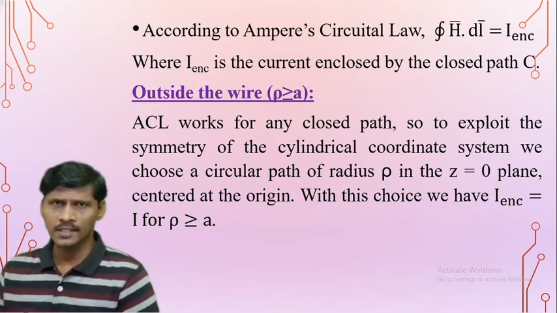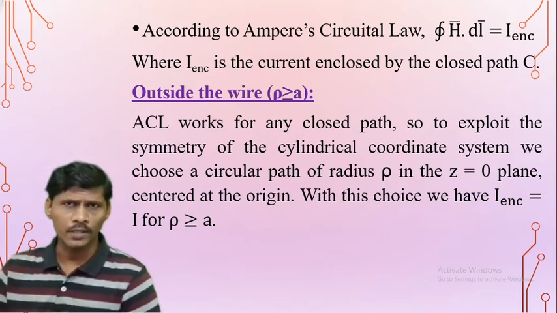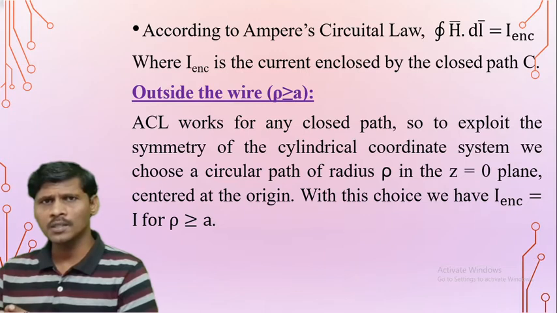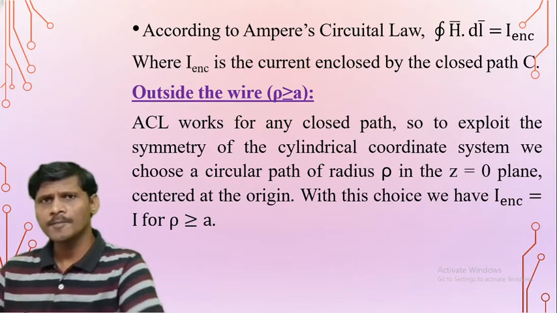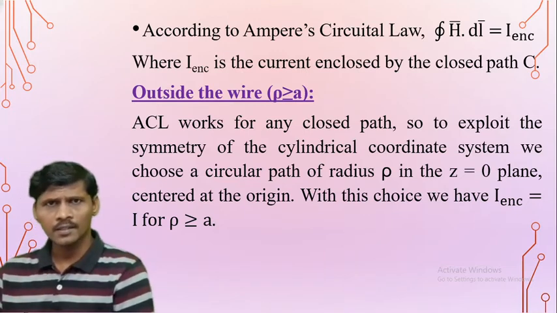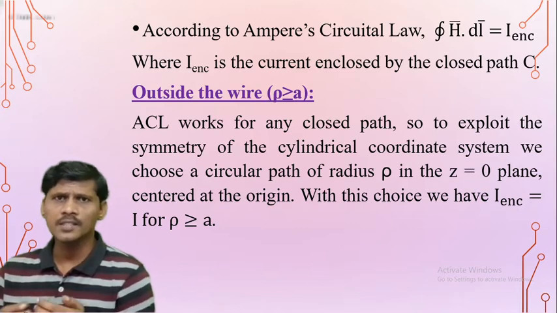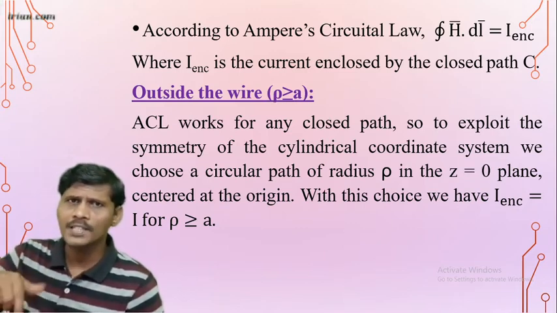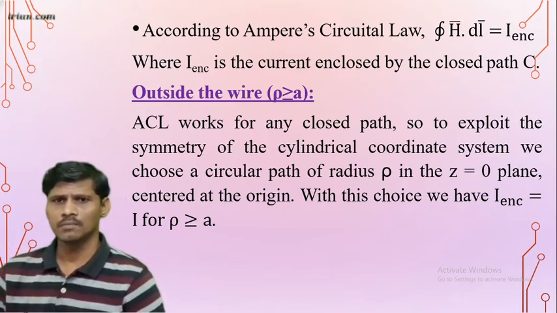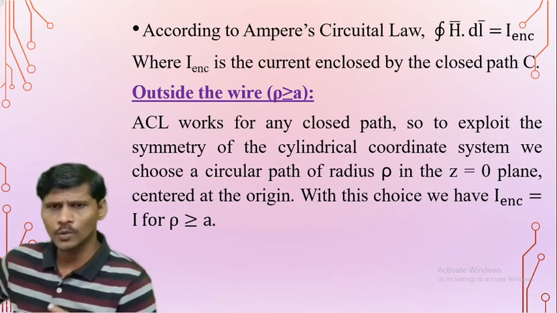Rho greater than a means the Ampere path is outside the conducting rod, and equal to a means the Ampere path is on the conducting rod.